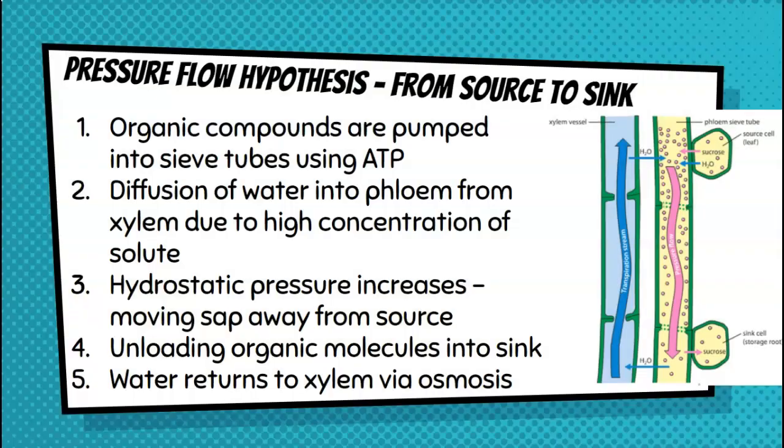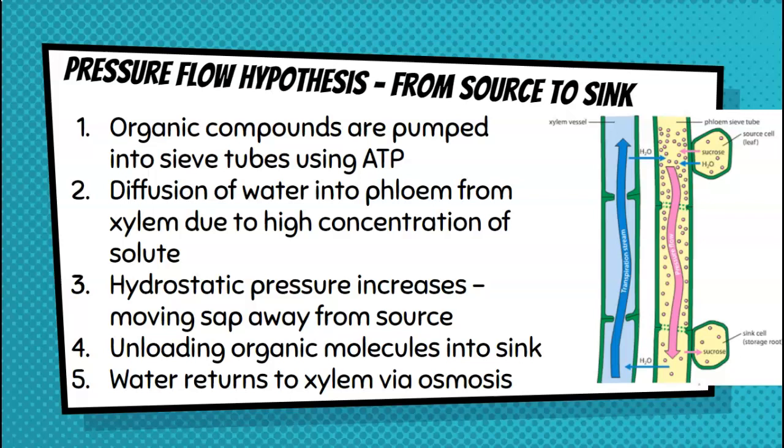So now let's jump into the pressure flow hypothesis. Remember that the xylem, that movement of water, is called the cohesion tension theory. In phloem, the movement of the sap is called the pressure flow hypothesis. It will never be referred to as the movement in the phloem.